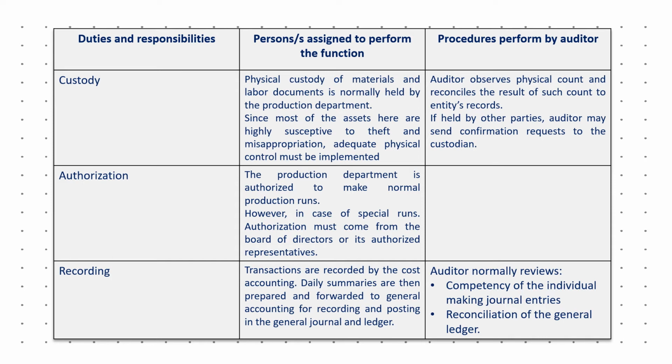So, next is gagawa naman ni auditor is i-review niya yung competency of the individual making journals. Also, the reconciliation of the general journal. So, i-check yan nila kung match ba yung record ni cost accounting as to record ni general journal.